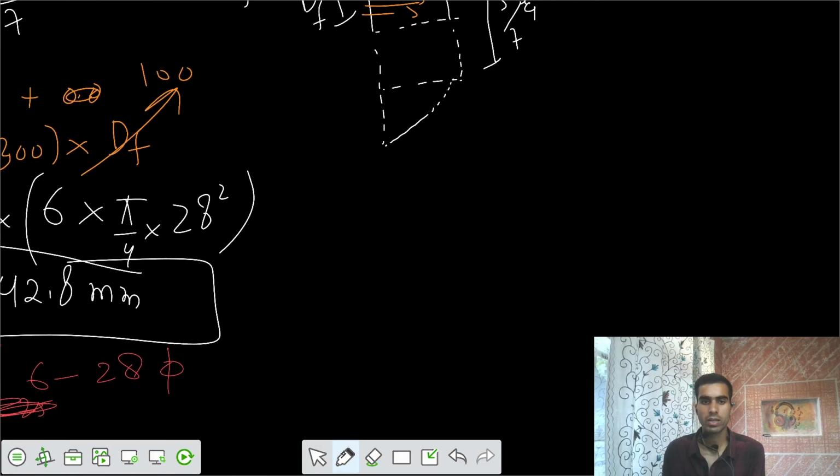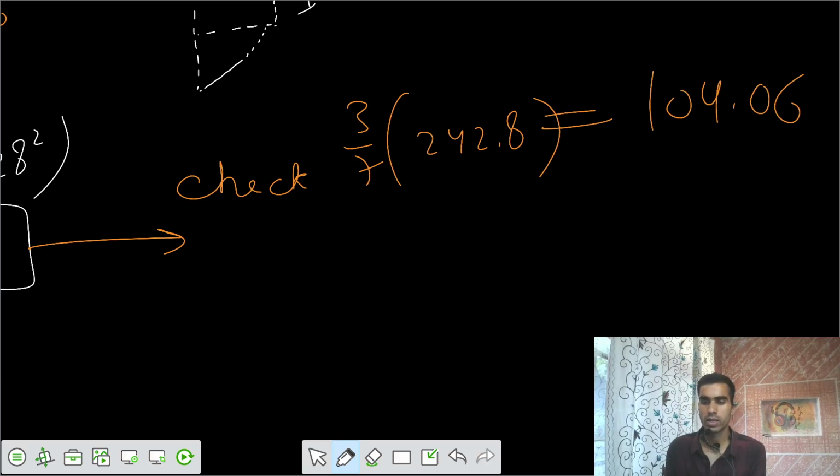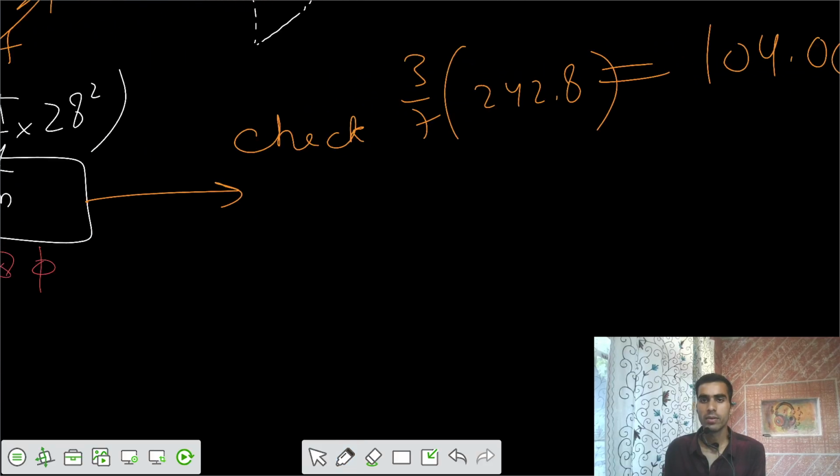Let's check now whether our assumption is true. We need to check 3 by 7 of XU, with XU being 242.8. What does this value come out to be? That is 104.06. Is that greater than DF?